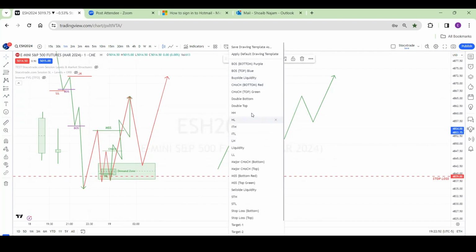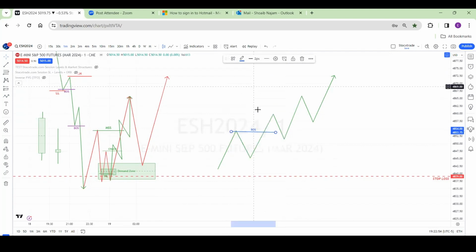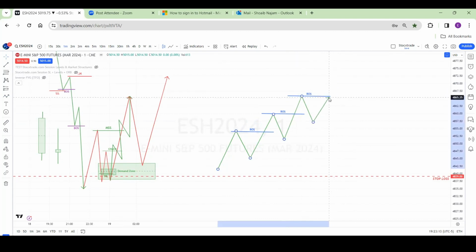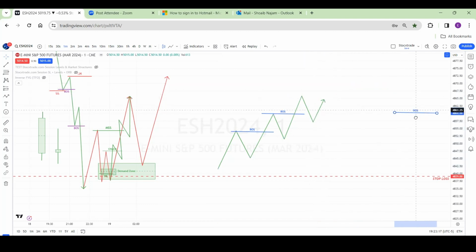Or just say break of structure. This is your break of structure. This is your break of structure. This is your break of structure. But what is this? This is just a high. I would only say break of structure at this point once the price breaks this level. Right now, I cannot say this is a break of structure.